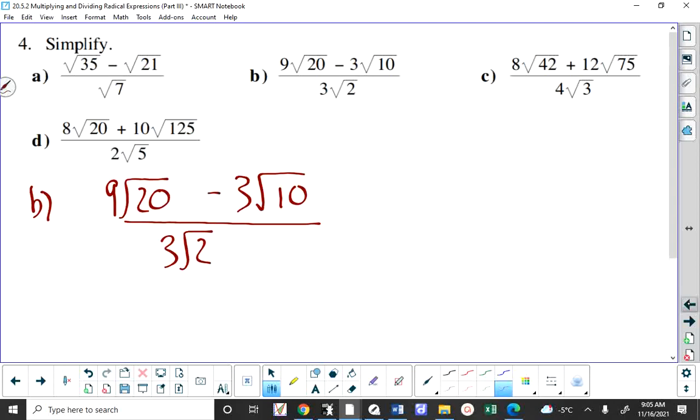How many of you see that this is 3 root 10 minus root 5? Does anybody see that?